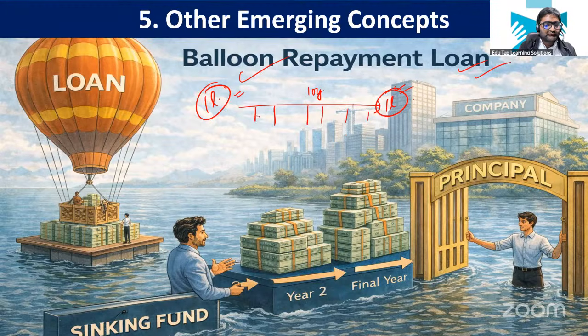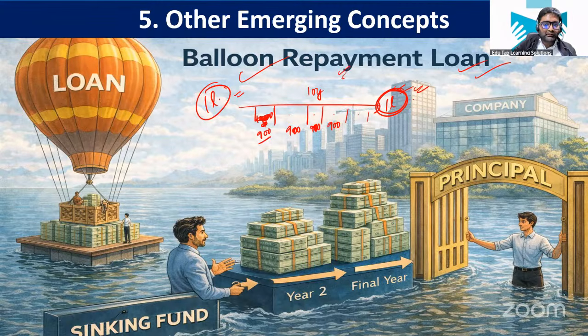So out of 1 lakh, let's say 10,000 every month, plus let's say 900 rupees interest, you pay back the amount like that. That is easier. But let us say you are only paying the 900 interest on a yearly basis, and at the end you again have to make this 1 lakh rupees payment at once.